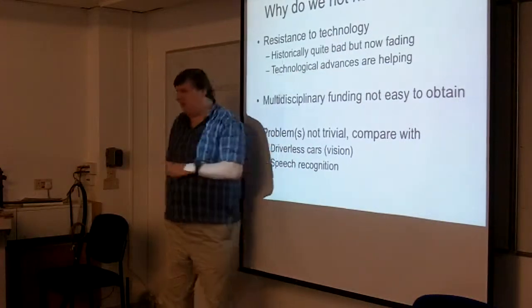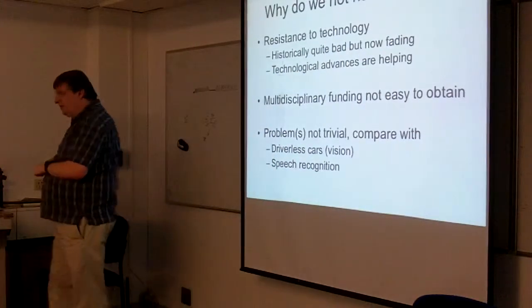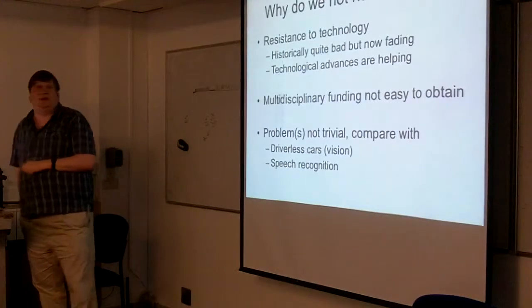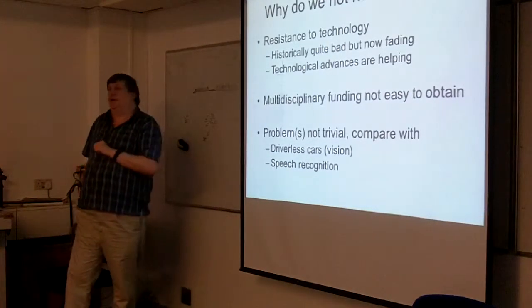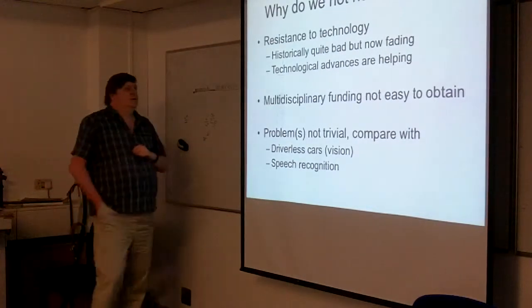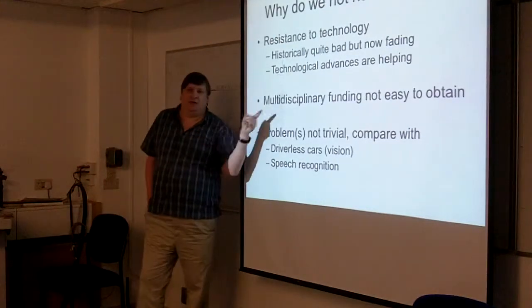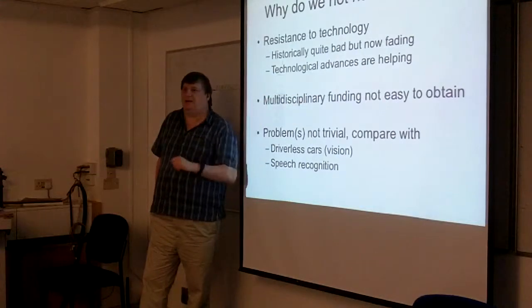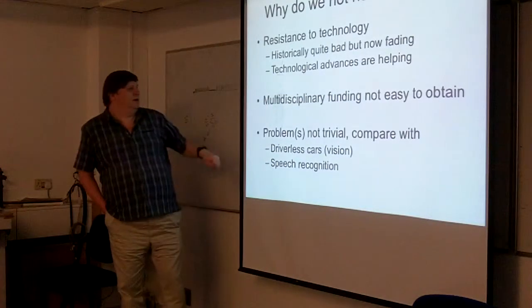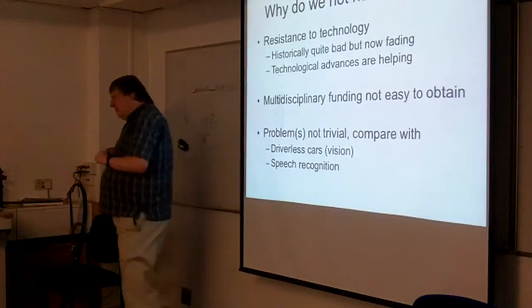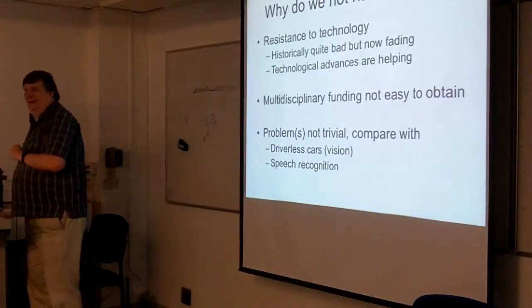Technological advances are helping, so basically everybody who has a smartphone nowadays realises just what you can actually do with these things. Biggest problem is multidisciplinary funding is really hard to get. So, the electronics department applying to the Biological Research Council, they go, what? Yeah, it's not easy. The problem is incredibly difficult, isn't it, Freddy?